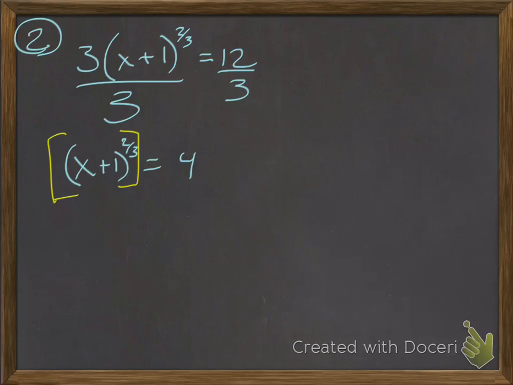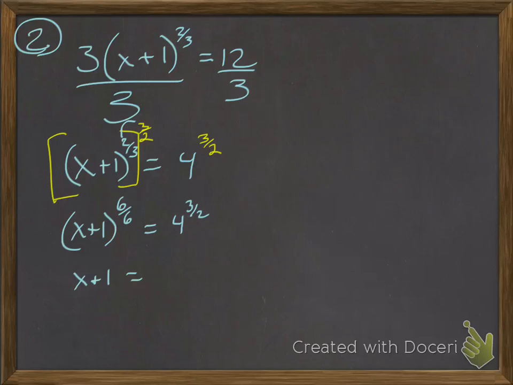So I'm raising that whole side to the reciprocal, 3 over 2. And if I do that, then I need to raise this side to 3 over 2. And what happens is now I have x plus 1, and then I distribute the exponent there, and that's going to become 6 over 6, which is just 1.